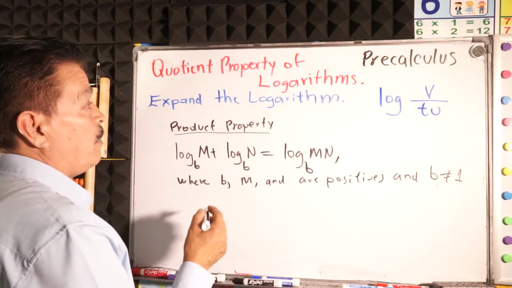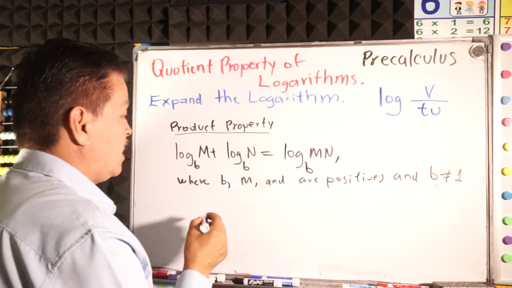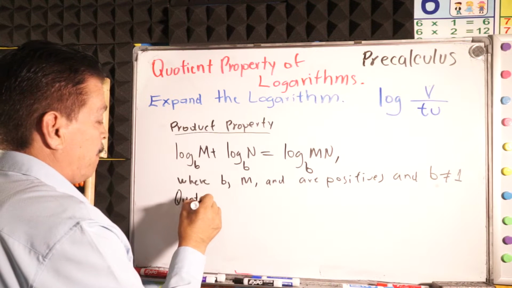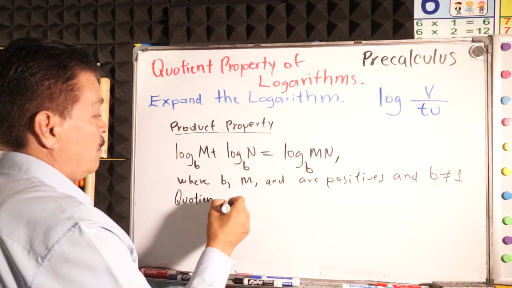The second property is regarding our class today. It's the quotient property.